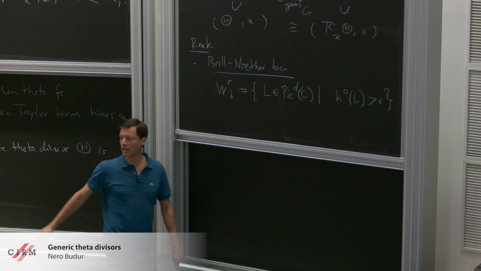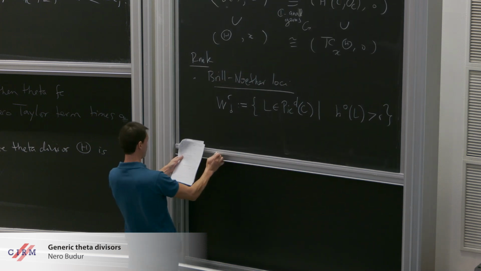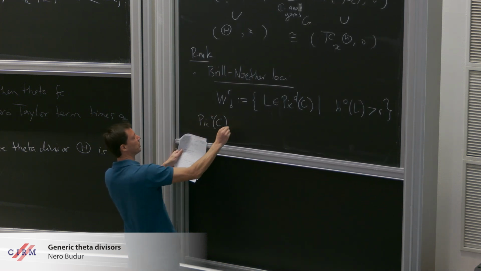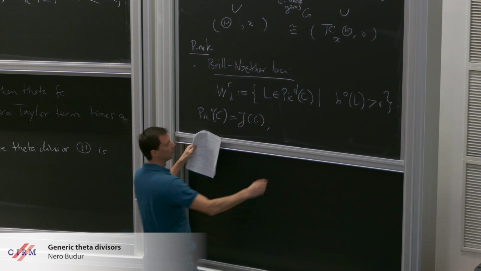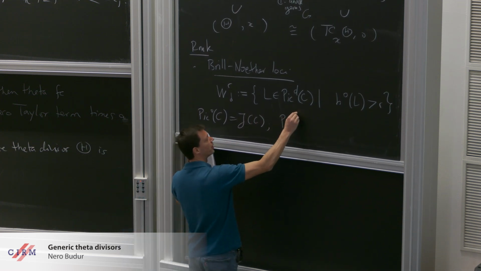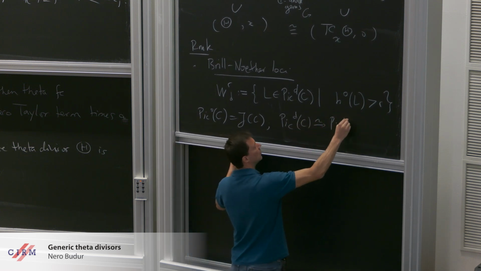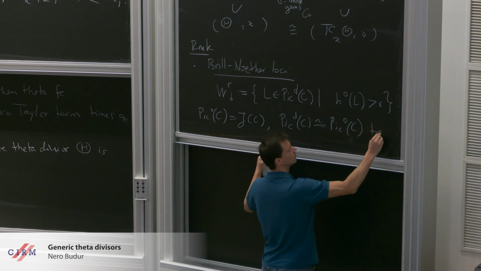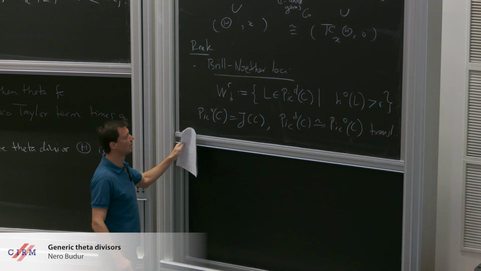That's the classical notation, and in this classical notation, Pic^d is the Jacobian. They're all isomorphic via translations by divisors of degree d.